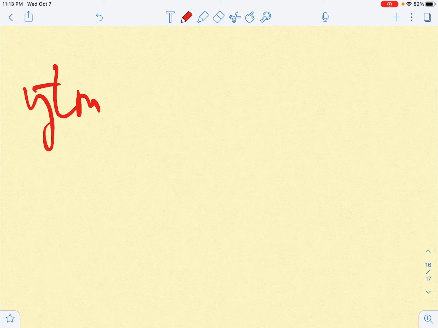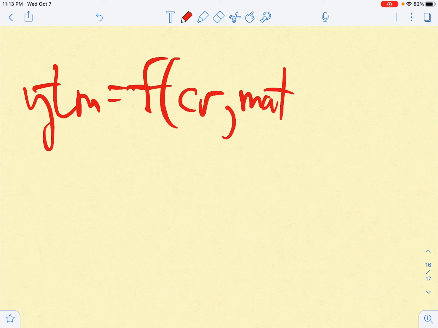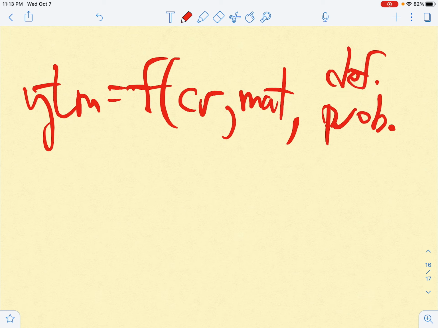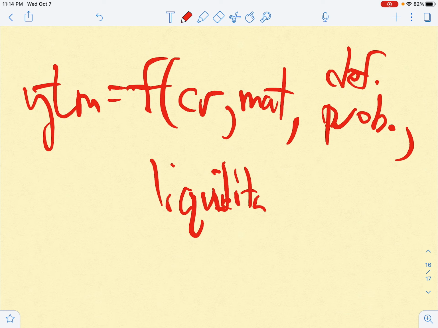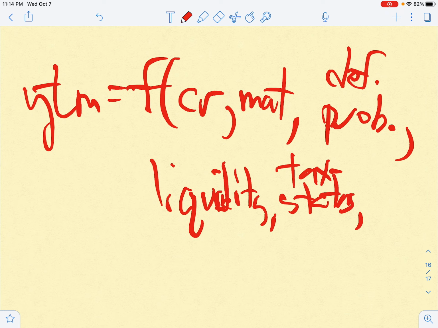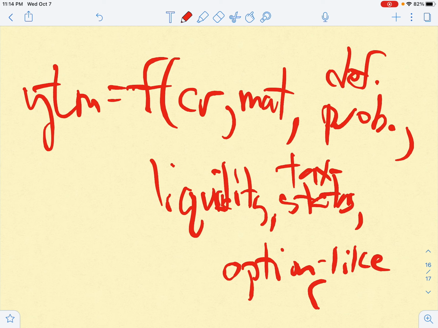So the yield to maturity of any bond is a function of, or depends upon, coupon rate, maturity, default probability, liquidity, and tax status, and finally option-like features.